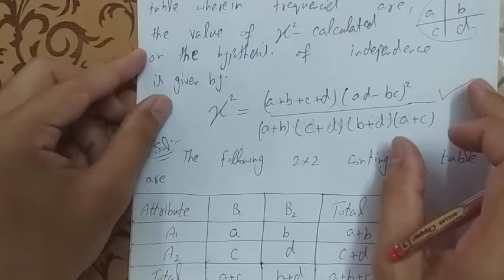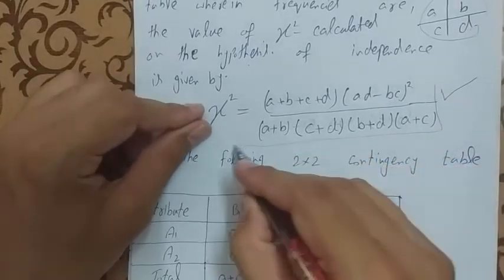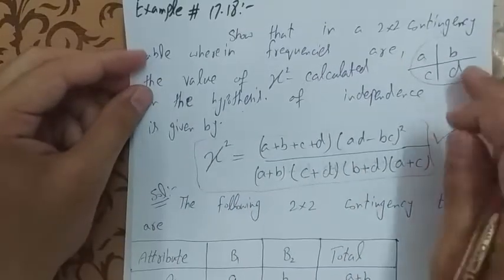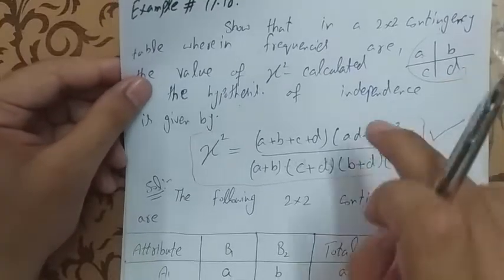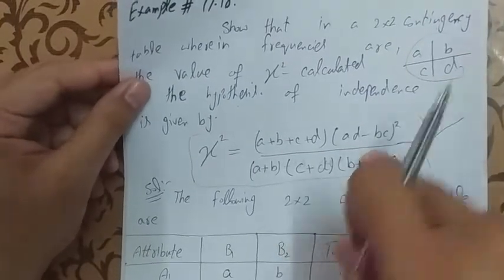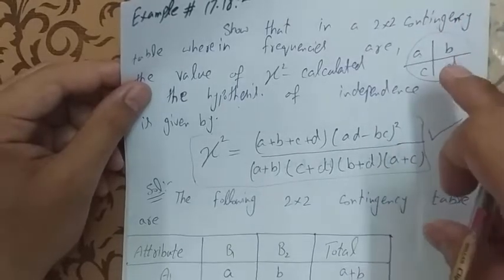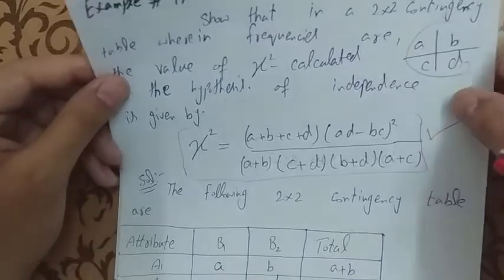Now we have to show that this result comes by computing this 2 by 2 table. Now let's see how these results come by using this table and applying the formula of the contingency table.